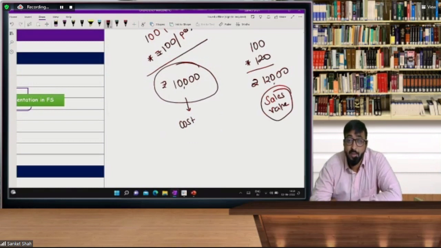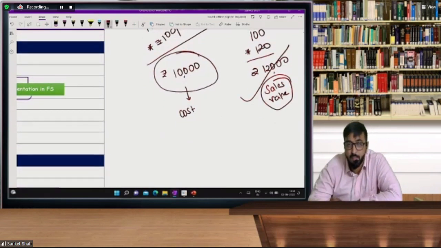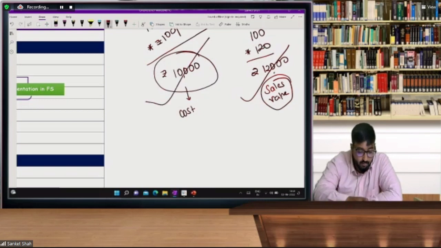Now if I record it at 12,000, I have not yet sold it. If I record at selling price, it means I am recording unrealized or higher profit. My profit will be higher if I record closing stock at 12,000. So the principle is very simple: you should not record it at 12,000, but at cost, whichever is lower.